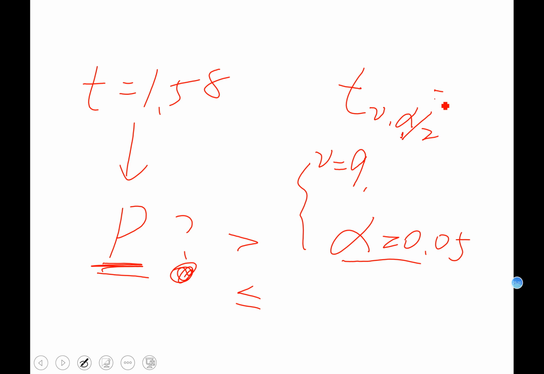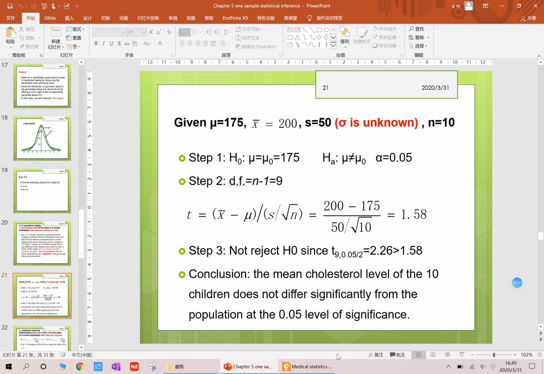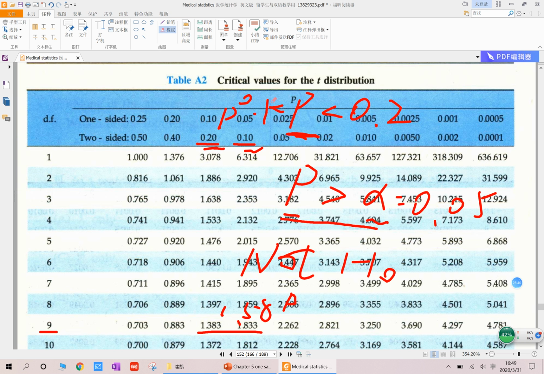So can we do that? Of course, we can do that, right? So let's find it. Let's go back to the table A2.